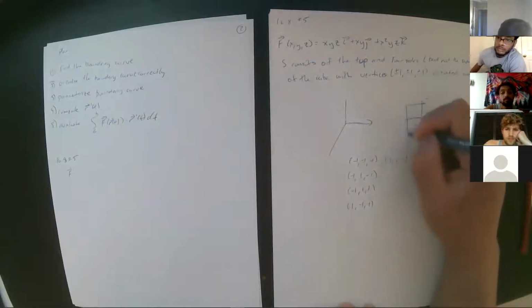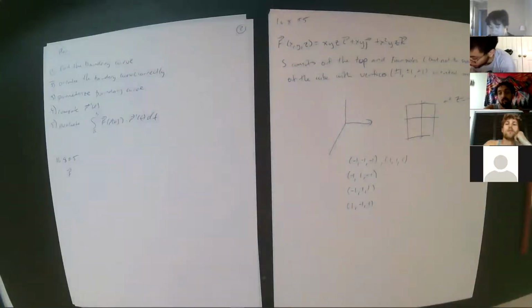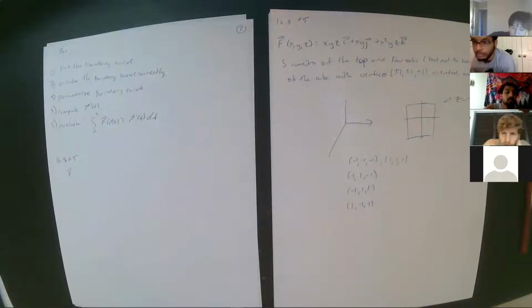So the curve looks like this at z equals -1. Which way is it oriented? Outward.